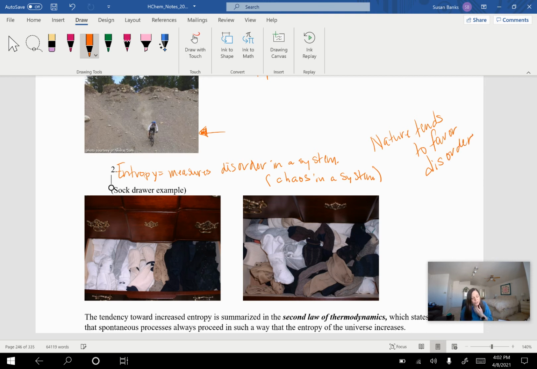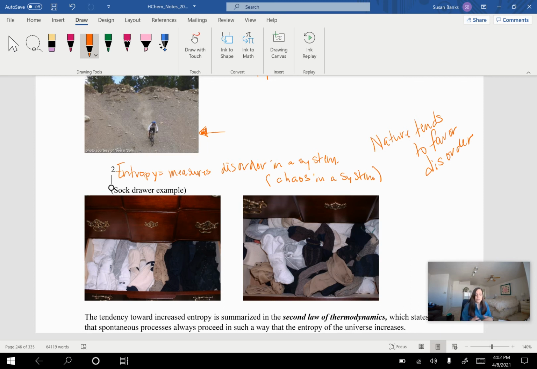Because even if you spent all that time and energy getting your room together, you would have had to spend energy to do that. And in spending that energy, you would have taken the food that you ate, which was relatively ordered, and created disorder by burning that food and creating carbon dioxide and water, which has more molecules in the gas state flying around a lot more than your orderly, say, sandwich.